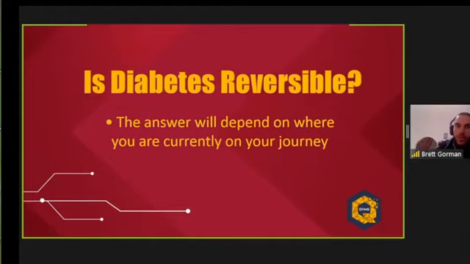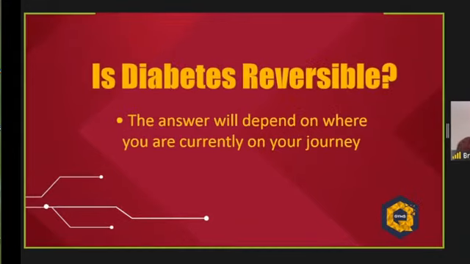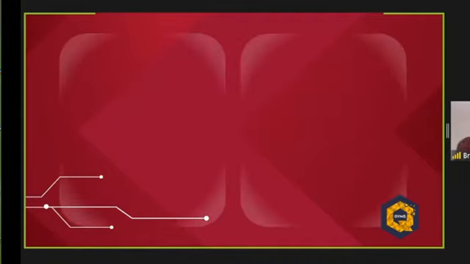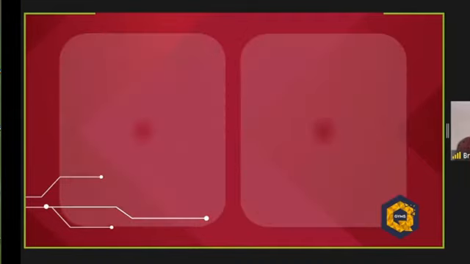So now, is diabetes reversible? Well, the answer will depend on where you currently are on your journey with it. Say someone has insulin resistance.